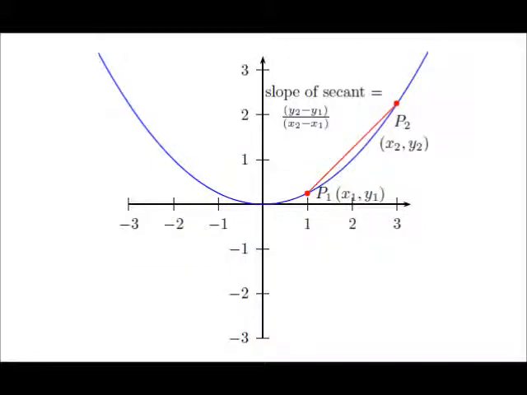Now when we have 2 points on a curve, finding the slope of the secant line that connects the 2 points is simply the ratio of the rise over the run. If point P1 has the coordinates x1, y1, and a point to the right of P1 called P2 has the coordinates x2, y2, the slope of the secant line is y2 minus y1 over x2 minus x1.